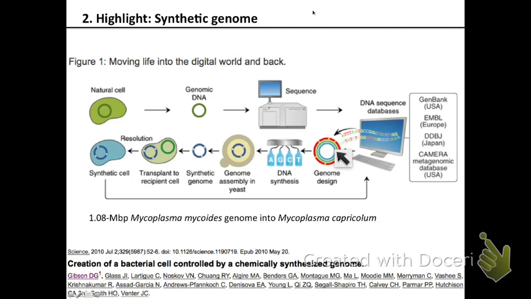But what's amazing is you can take that sequence, you can synthesize the genome in vitro from its building blocks, you can put it together through a carrier, in this case a yeast, and then you can transplant it into a new cell that used to be Mycoplasma capricolum, and now turn it into a Mycoplasma mycoides. So this basically is a proof of principle experiment showing you that the DNA has the information to make up the cell. Okay?